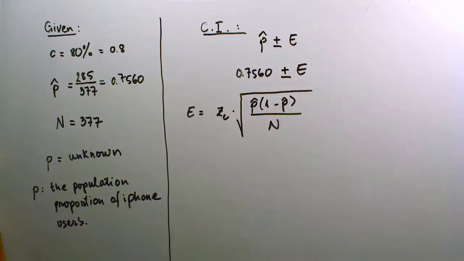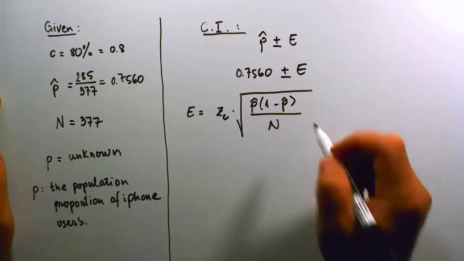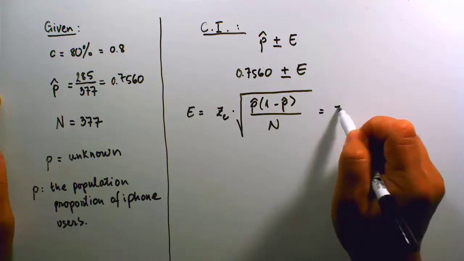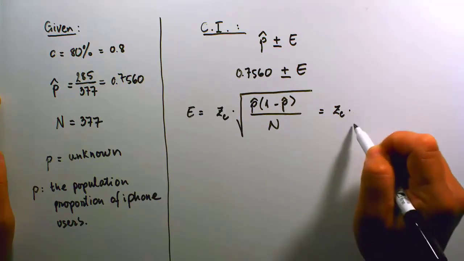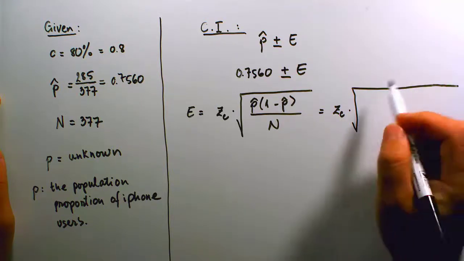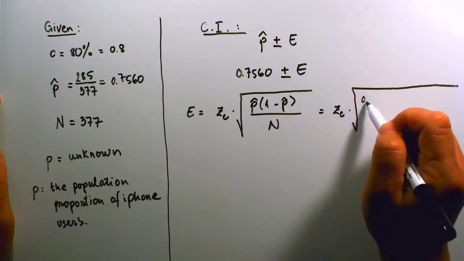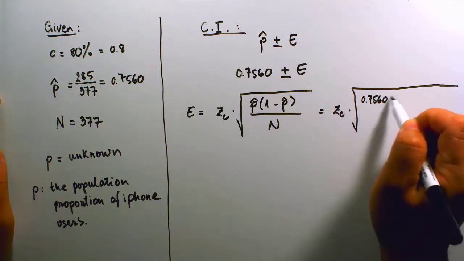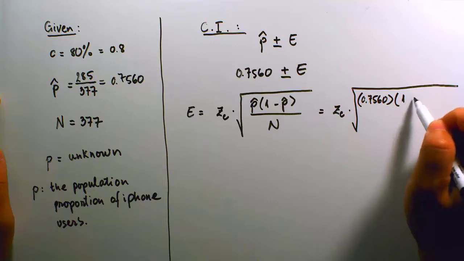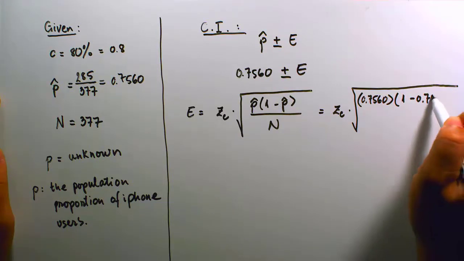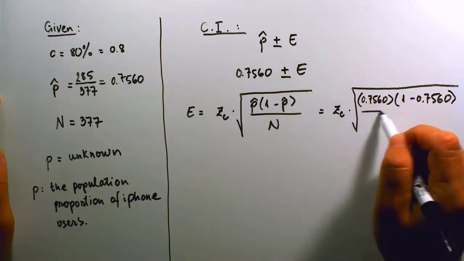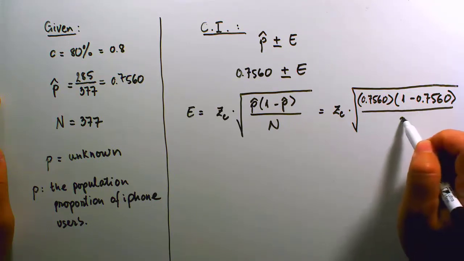So that's another reminder about the formula. And so here, what we're looking at is the z sub c value multiplied with the square root expression, and inside of that it has 0.7560 multiplied with the expression 1 minus 0.7560, and all of that divided by our sample size being 377.